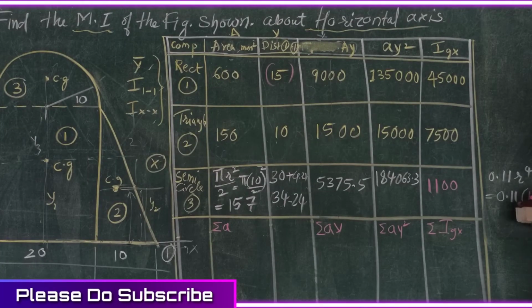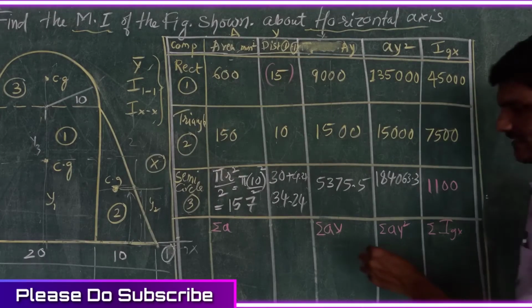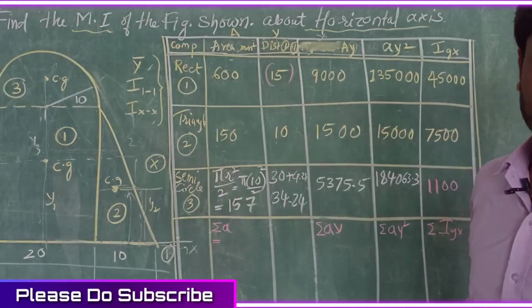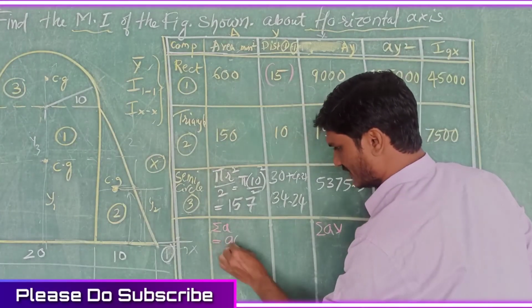Okay. Moment of inertia along the reference line 1-1. So after that, first let us substitute the values. The area we have obtained is 907.